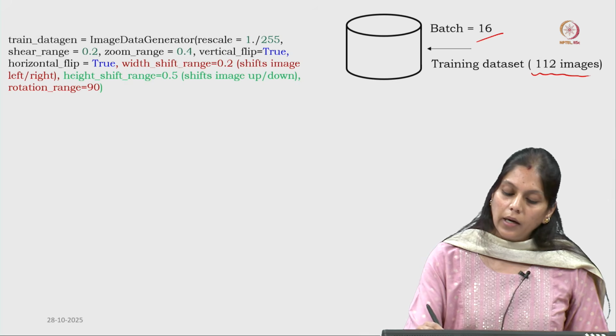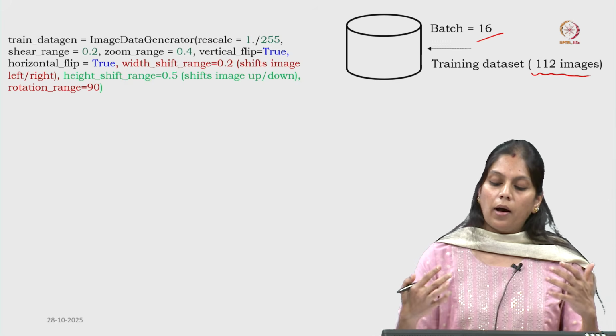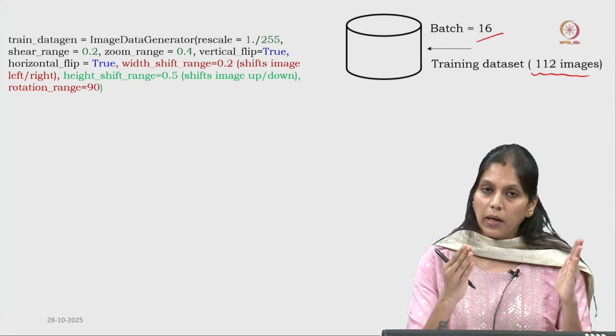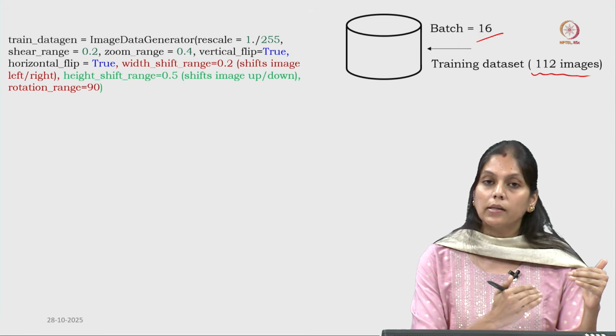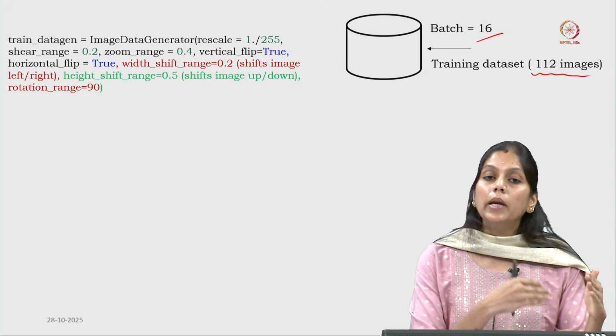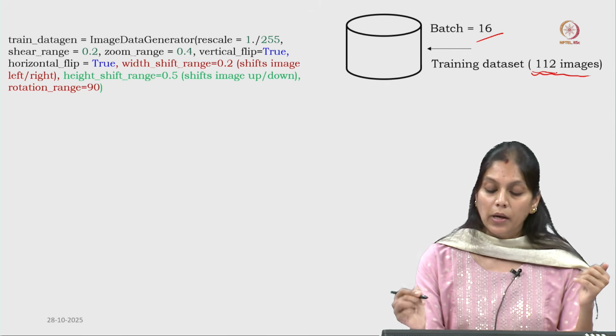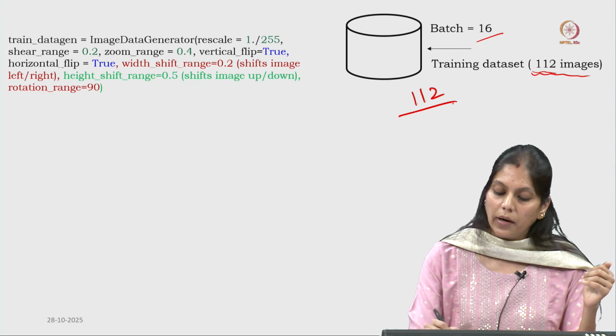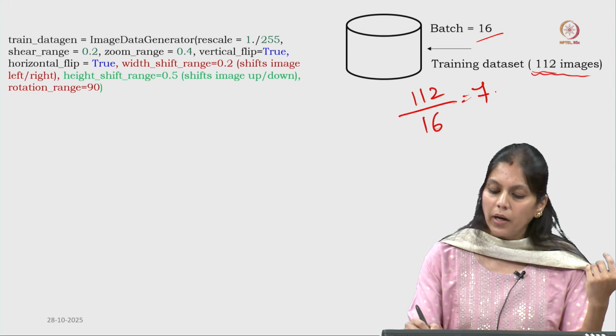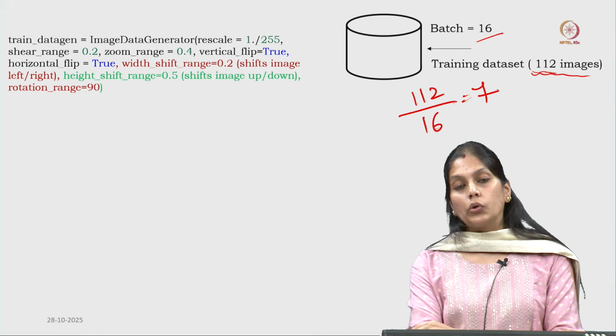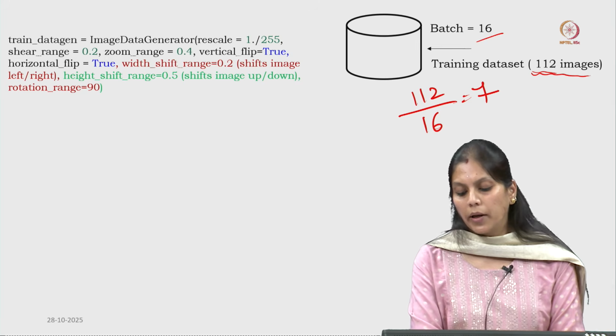So from 112 images, when I am taking only 16 images at a time, how many times do I need to repeat so that I will complete 112 images? Is it not 112 divided by 16, which will be exactly 7?